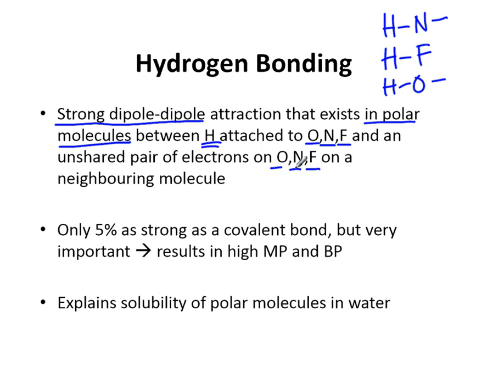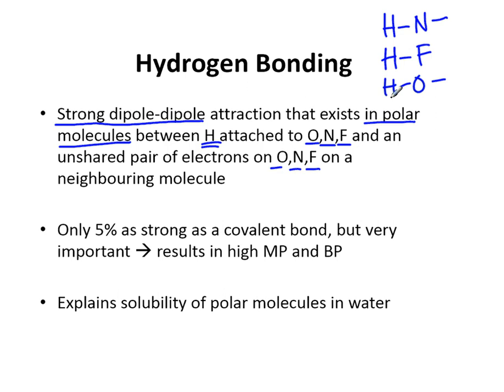The oxygen, nitrogen, and fluorine on the neighboring molecule could also be part of another hydrogen bond, so one that's attached to a hydrogen itself, or it could just be to another oxygen that's not attached to a hydrogen, where you might have an oxygen with a double bond, for example.